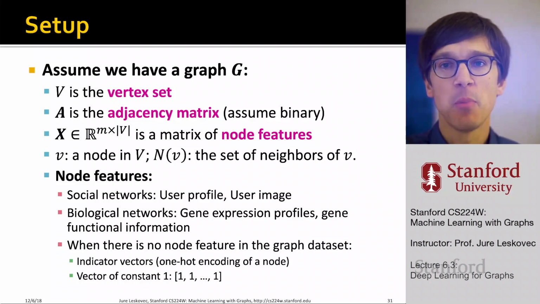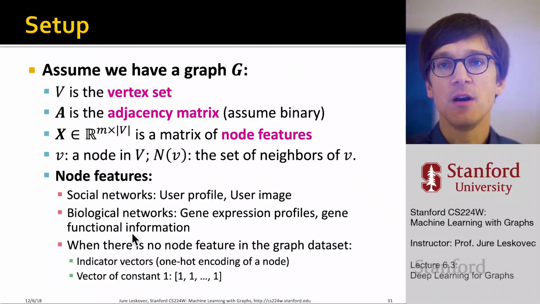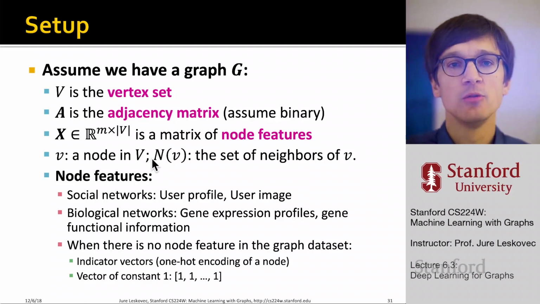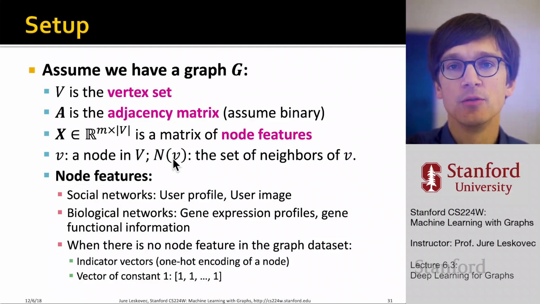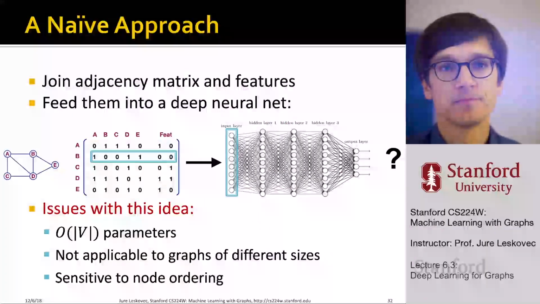Those are two popular choices. Sometimes people also use the node degree as a feature of the node. And then another piece of notation: we are going to denote N(v) to be the set of neighbors of a given node v. That's the notation and setup we are going to use for this part of the lecture.